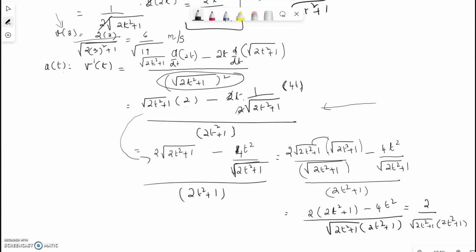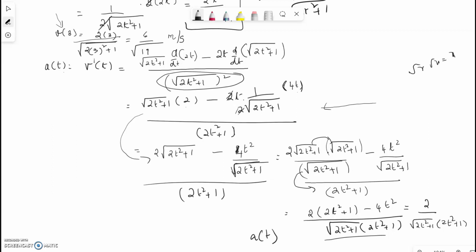Multiplied together, these give us 2t squared plus 1, because radical x times radical x is equal to x, minus 4t squared, the whole divided by, this goes to the denominator, square root of 2t squared plus 1 times 2t squared plus 1. And this is the acceleration function.